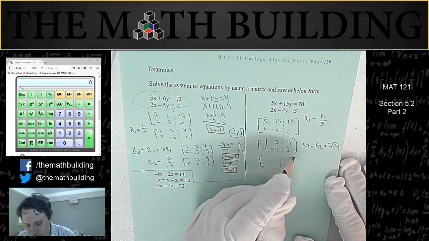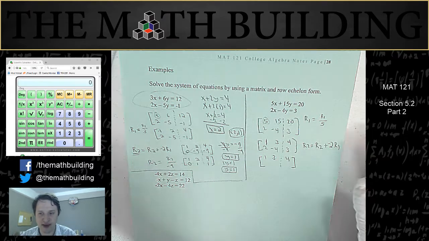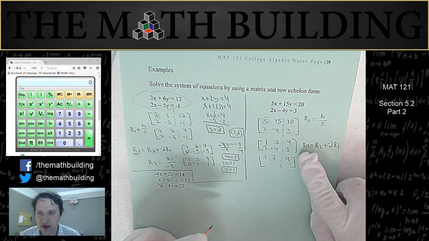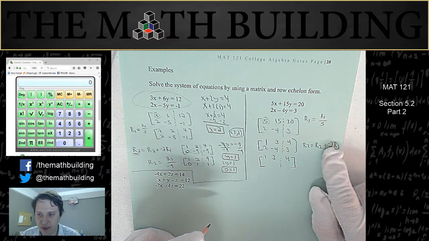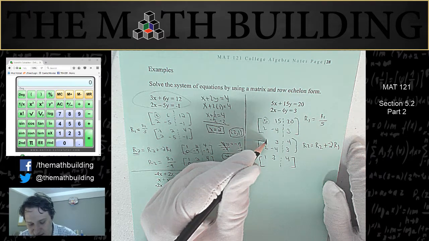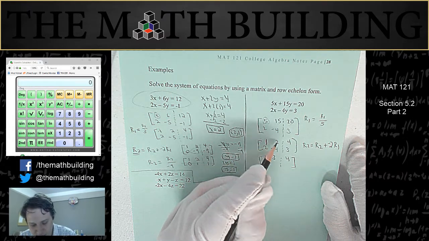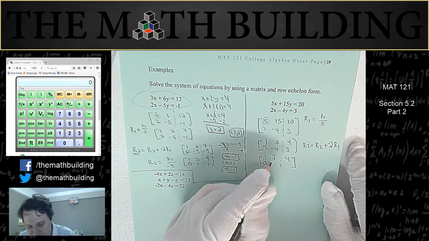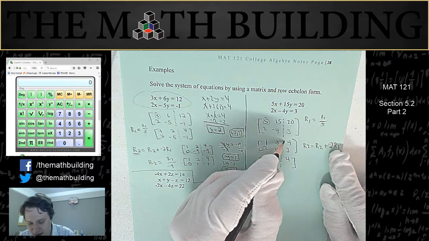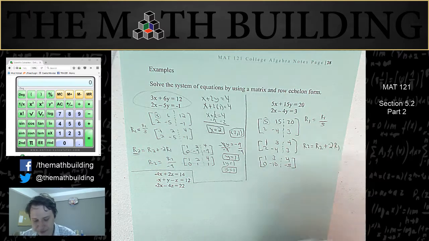So I encourage you to write row 1 again, because we're not changing it. So let's just write it down and get it out of the way. Now, row 2 equals itself plus negative 2 times row 1. So negative 2 times this is negative 2 plus 2 is 0. Negative 2 times 3 is negative 6, plus negative 4 is negative 10. Negative 2 times 4 is negative 8, plus 3 is negative 5.